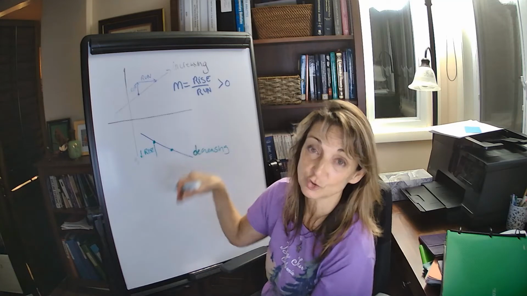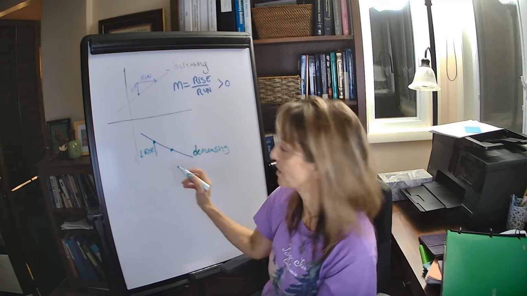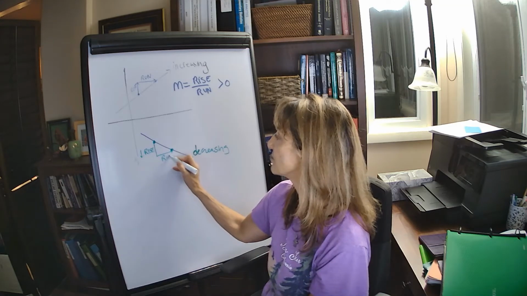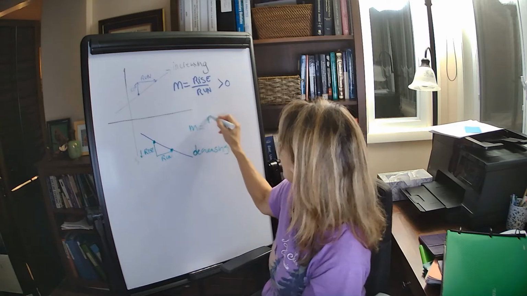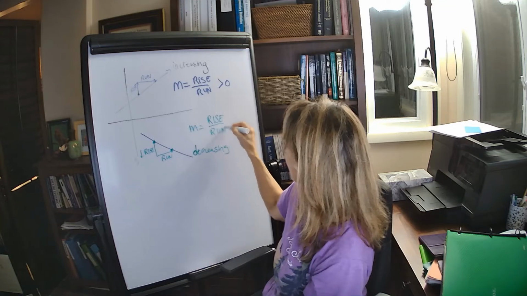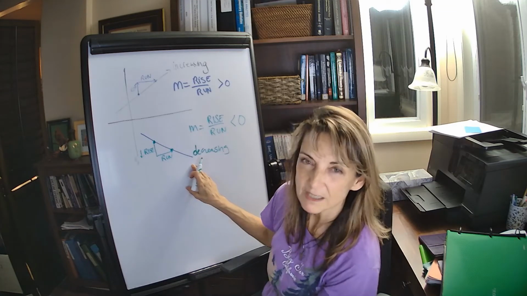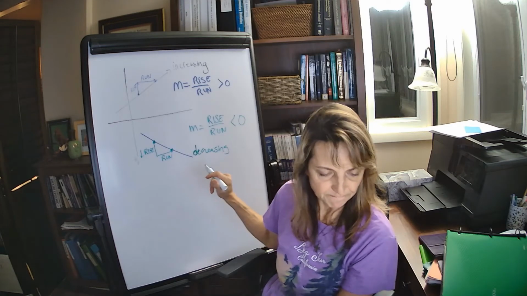You could say that's a drop, but we're going to just use the same word. It has negative rise, if you will, and positive run. So when we look at the rise versus the run, it's negative.